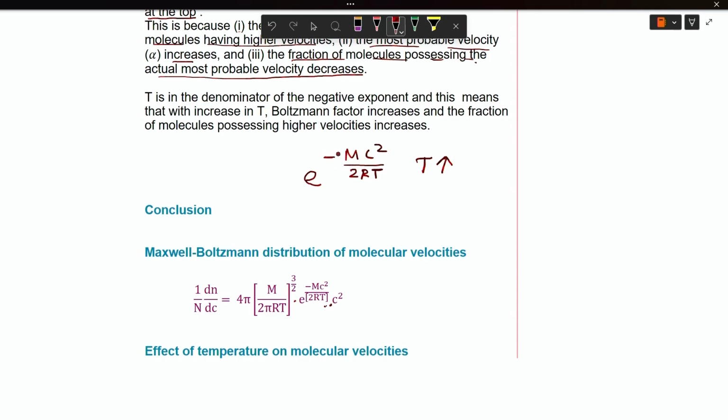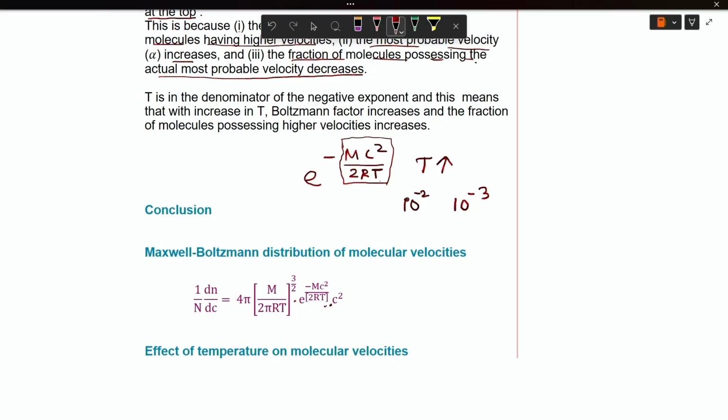We will leave the negative sign. When T increases, the numerical value of this term increases, that is excluding the negative sign. But we know that, suppose I am taking 10 to the power minus 2, 10 to the power minus 3, these are negative exponents. Now, when the numerical value is increasing, from minus 2 to minus 3, the value is decreasing, right?